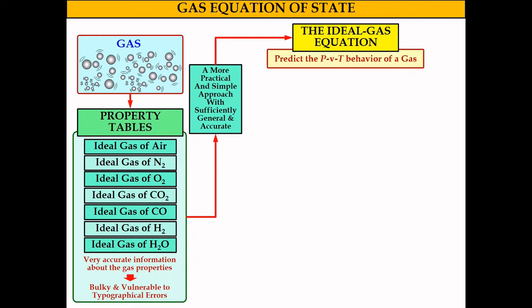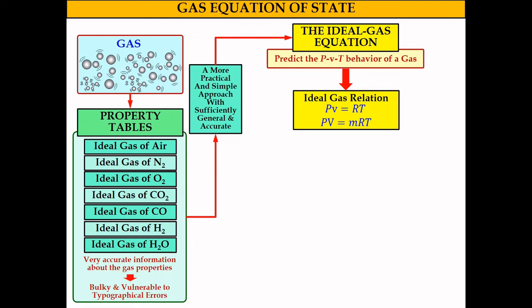This ideal gas equation is used to predict the PVT, which is pressure, volume and temperature, behavior of a gas. The ideal gas relation, you probably already learned in secondary school in physics, is Pv equal to RT, where P is pressure, small v stands for specific volume, R stands for gas constant, and T is temperature.